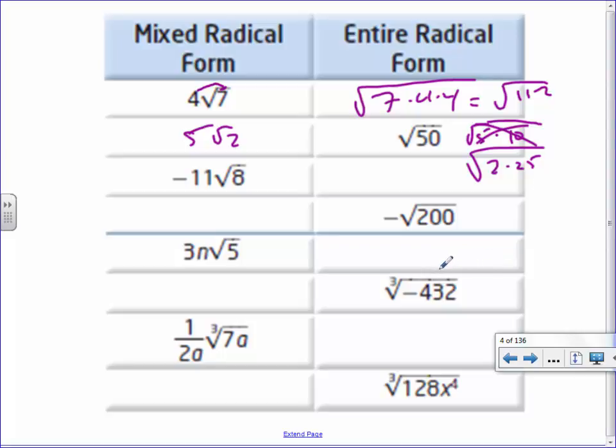Let's just do one more. I'll pick one with a variable. If I take this one with a variable right here, 3n, I have to bring the 3n inside the square root twice, which means it's going to be 5 times 3 times 3, which will be 45. But you have to bring the n inside twice as well, which will give you n squared.